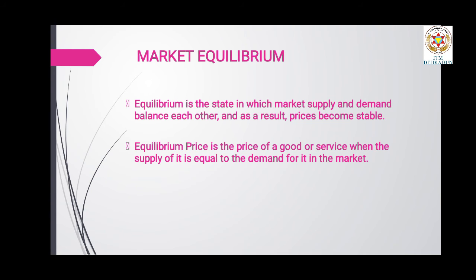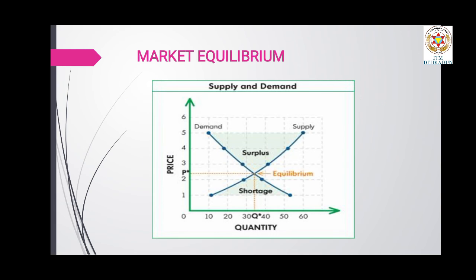So both market demand and market supply play an important part in the determination of equilibrium price. The equilibrium in the market occurs when that price is reached where the demand for and the supply of the commodity are equal to each other. Let's see this in the diagram. Here we have a graphical representation of the demand curve with the supply curve.